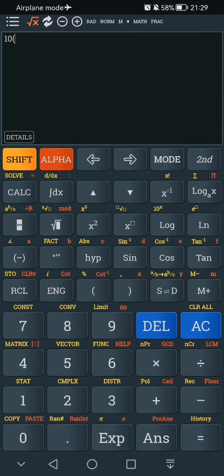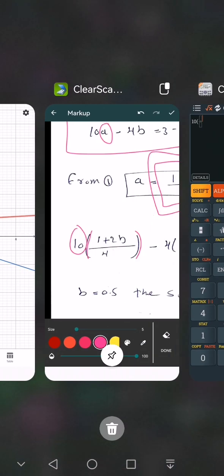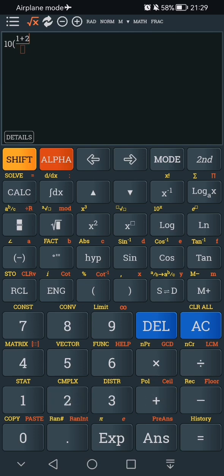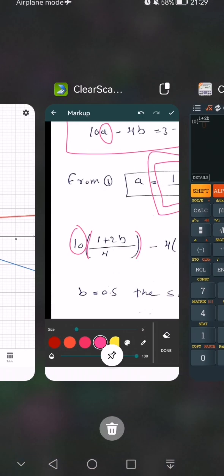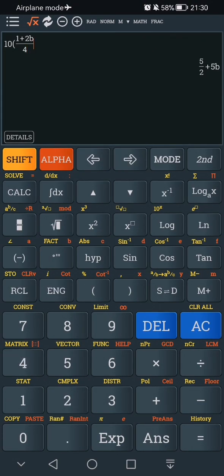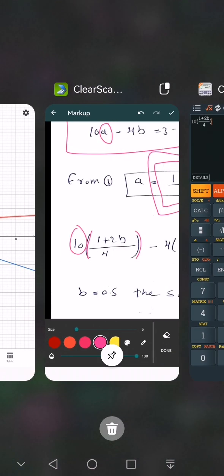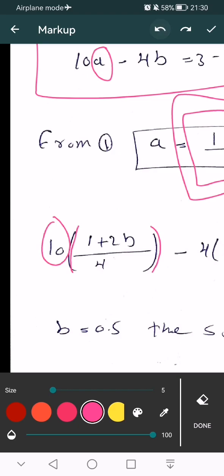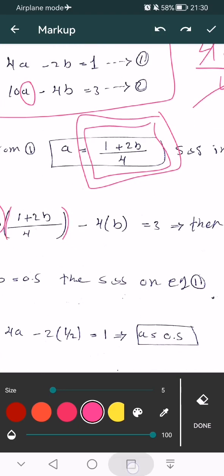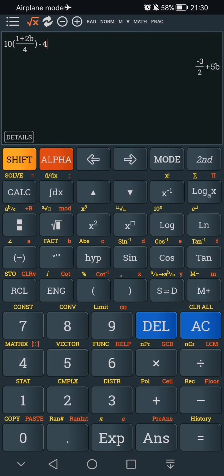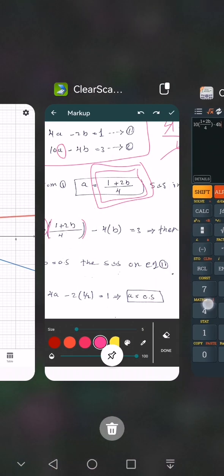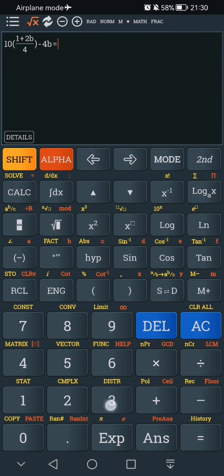The answer is 1 plus 2 alpha x. Let me say alpha x; you can also say b, alpha b for example, but I like to use x always because I am used to it. So minus 4 alpha b, you can use that, equal to 3.